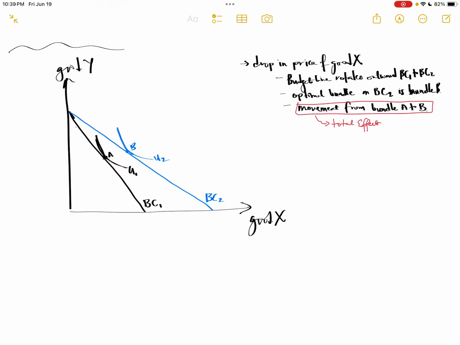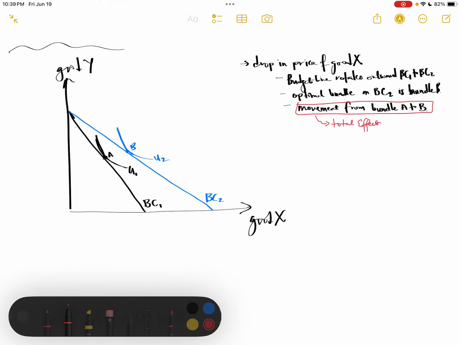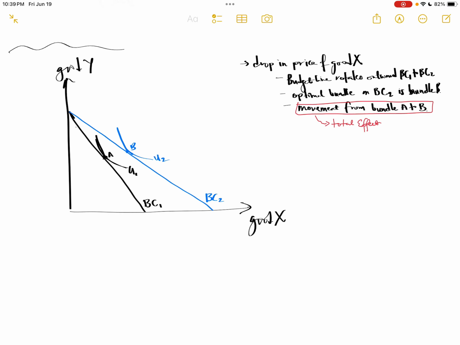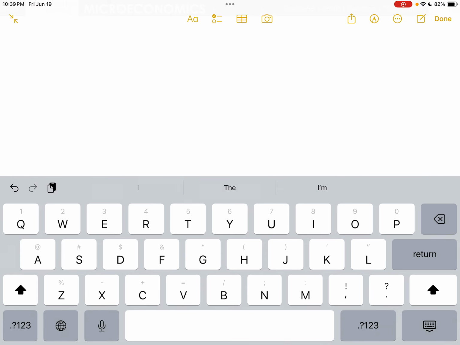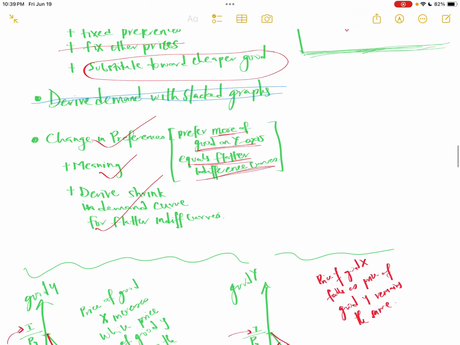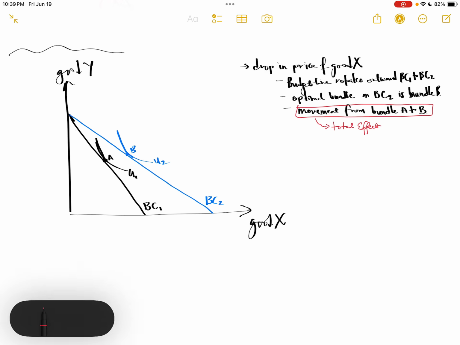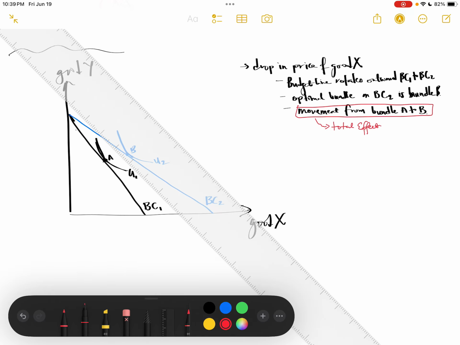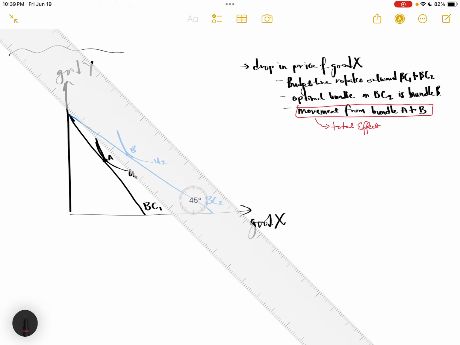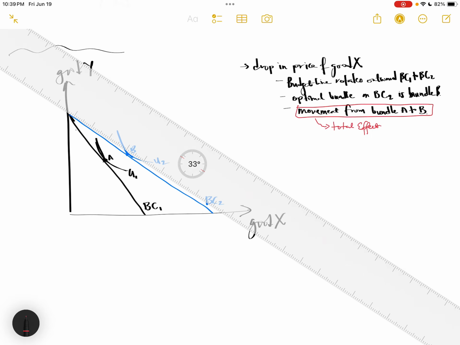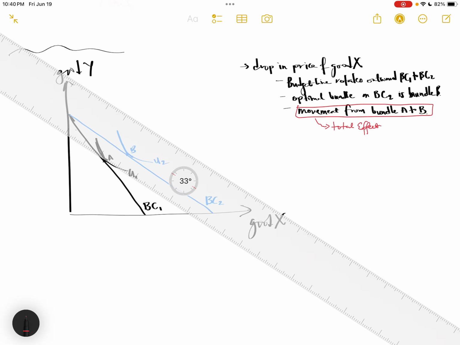So here we go. I'm going to need my ruler for this, that way I can use the ruler to guide how I draw this out.